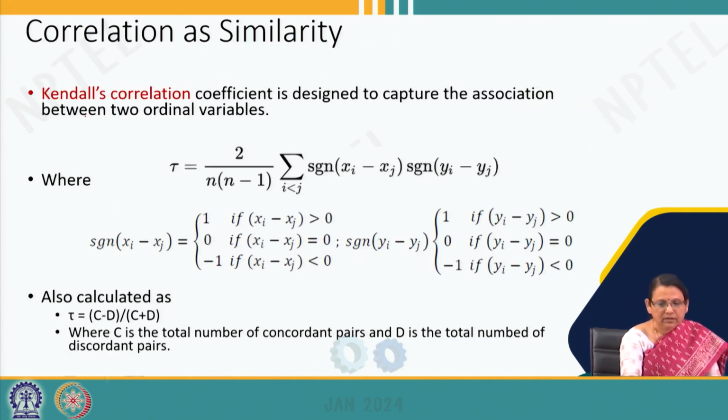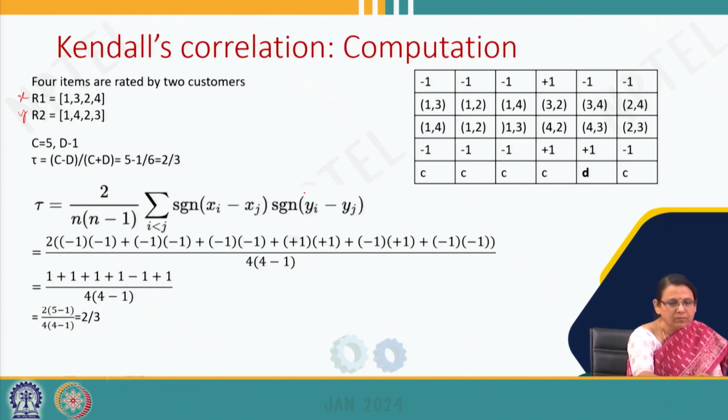Now here what we do is take the sign of x_i minus x_j. What are x_i and x_j? They are the elements of the vector x, and i is less than j. So how many pairs will we get from this example?